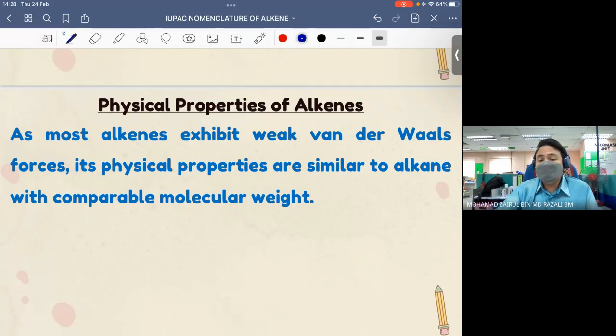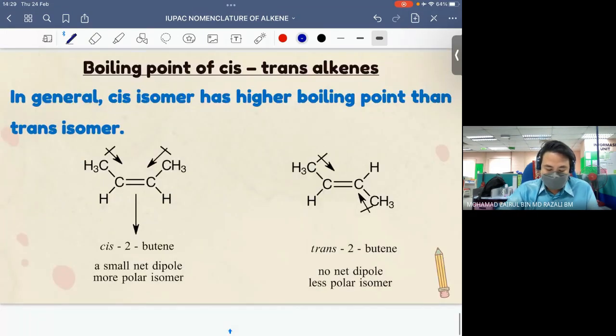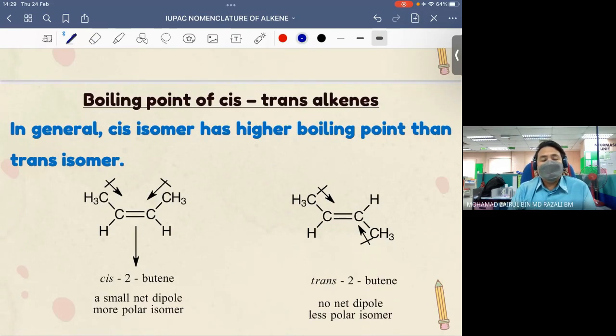Okay, but there will be differences in terms of isomeric alkenes. Because some alkenes can perform geometrical isomerism, meaning they can have cis and trans isomers. For example, if we have cis-2-butene and trans-2-butene and we measure the boiling point, cis-2-butene has a boiling point of around 4 degrees Celsius.